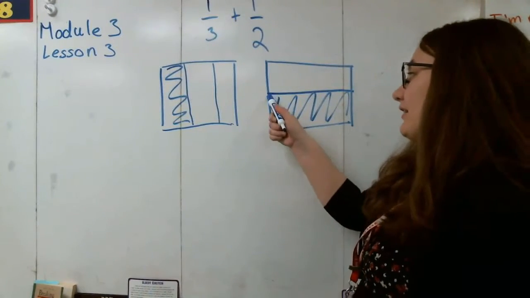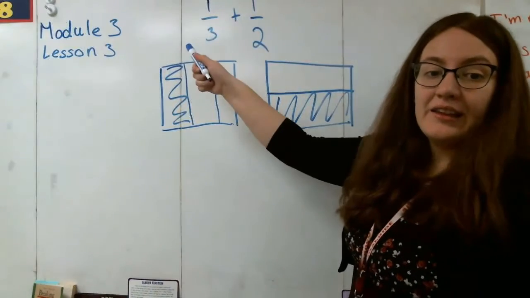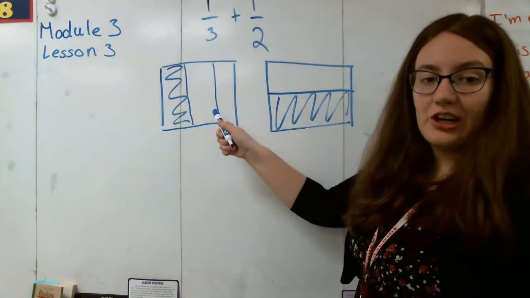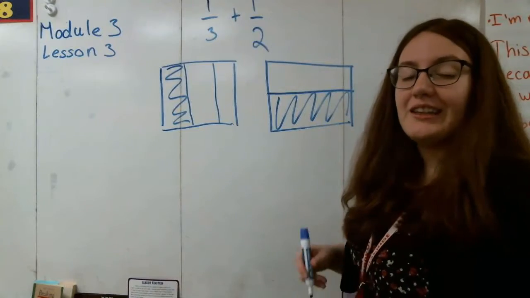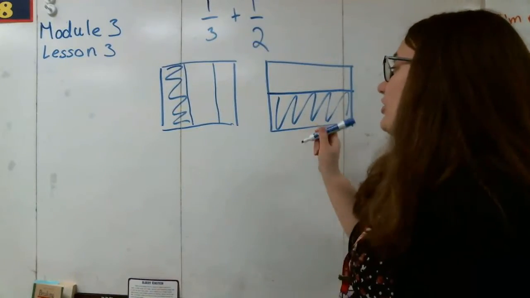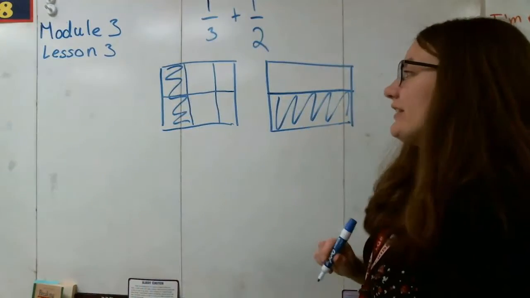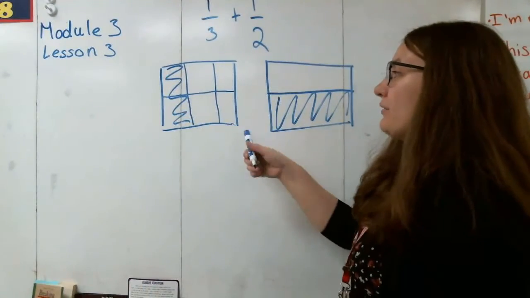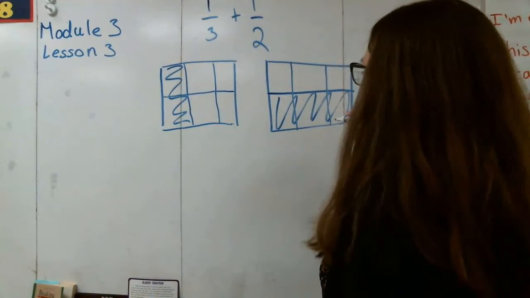So this model is cut in half, so I need to cut this model in half. This model is cut vertically into thirds, so I need to cut this model vertically into thirds so that they look exactly the same. To do that, I'll cut this model in half, just like how this model is cut in half. And again, this model is cut into thirds, so I'll cut this model into thirds.